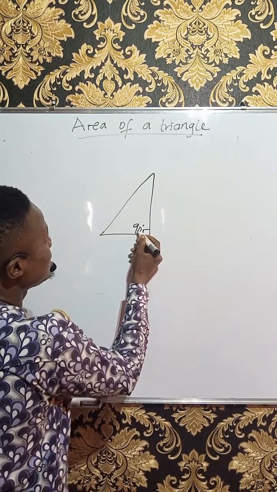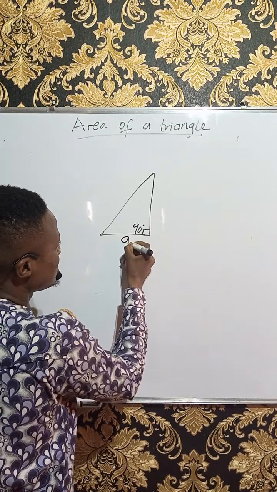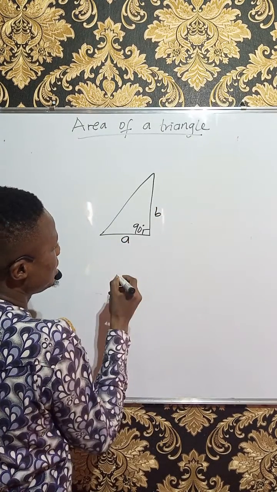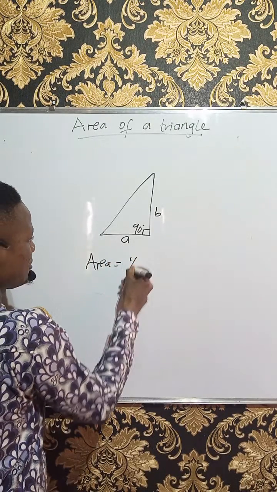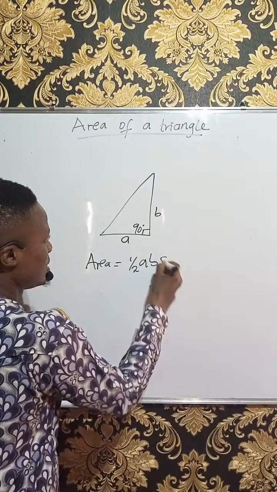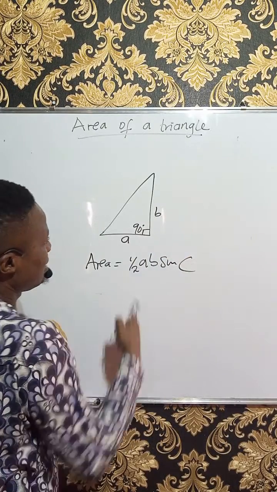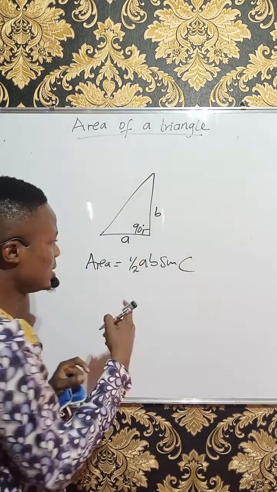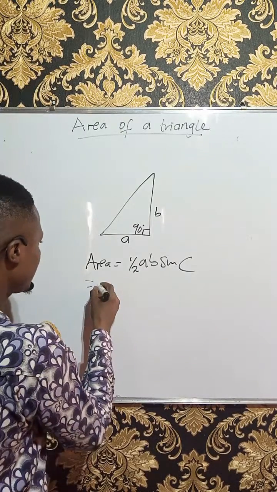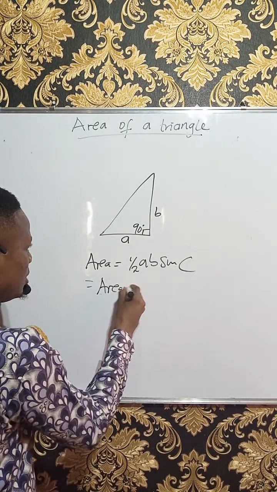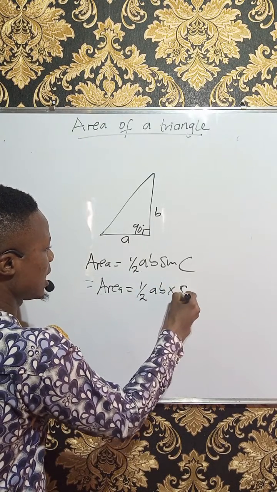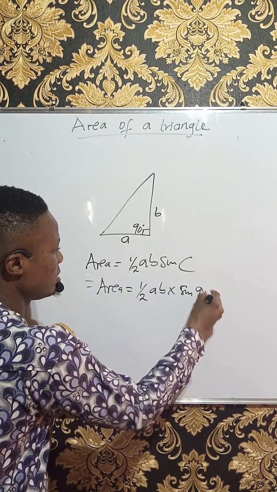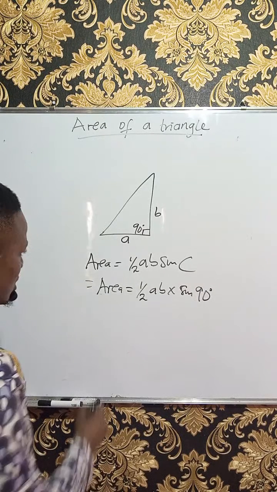And if this is 90 degrees, let's say you have this side as A and this side as B. Using area as half AB sine C, for instance, our C is this angle here, 90. So this will now be area equals half AB times sine 90 degrees. The angle we are talking about is 90 degrees.